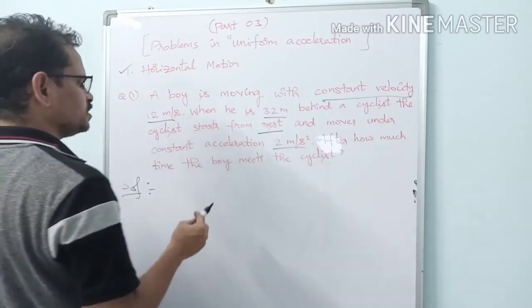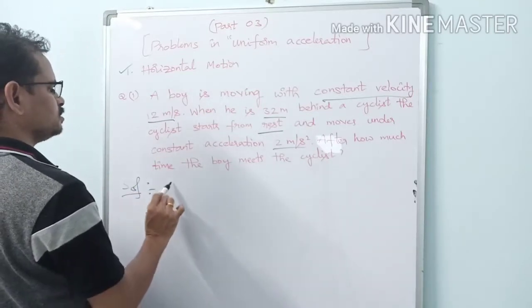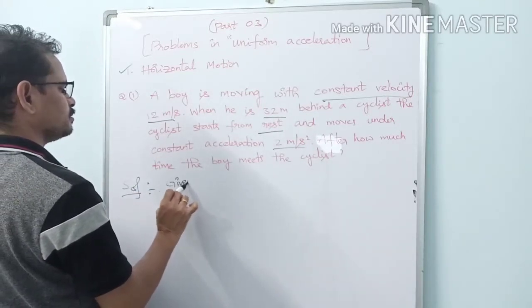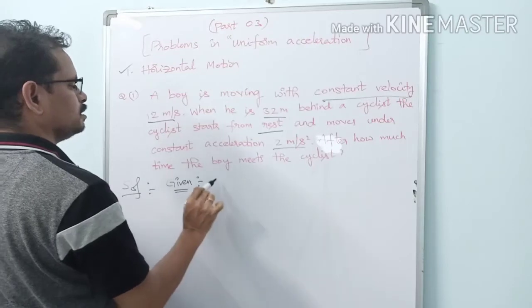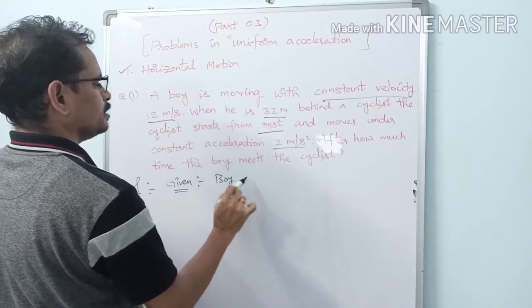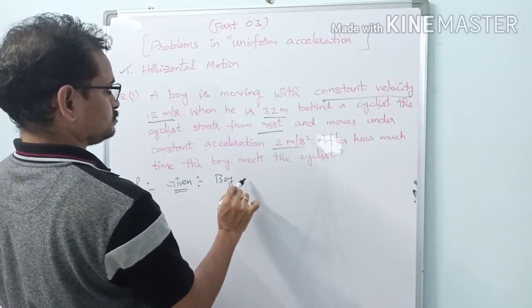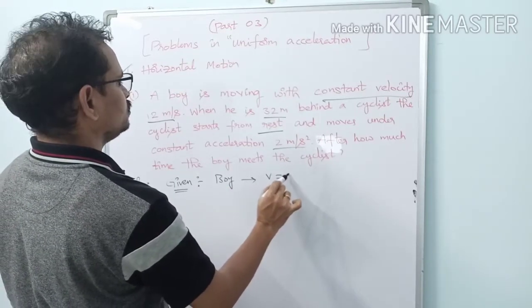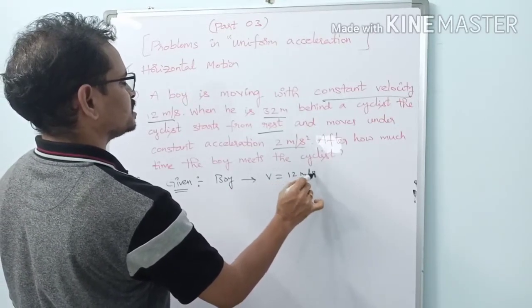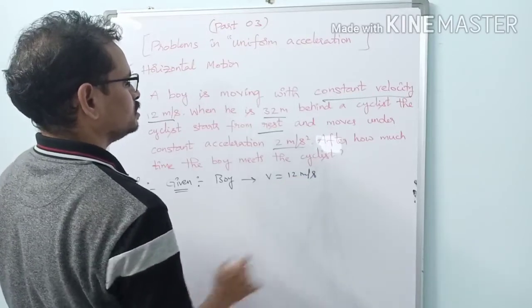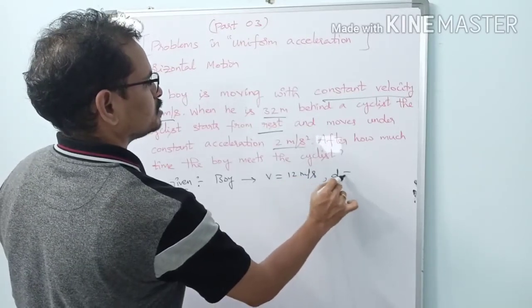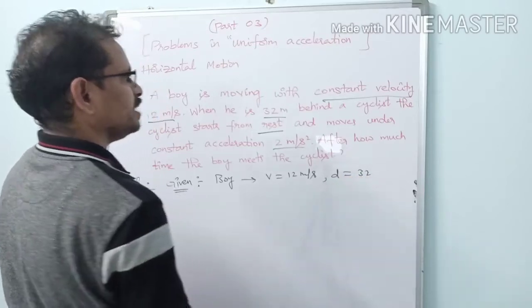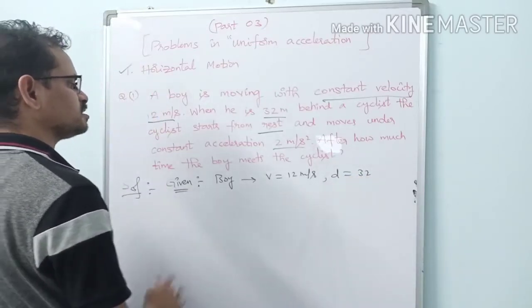Draw the diagram first. What are the given quantities? For the boy, V equal to 12 meters per second, constant velocity. Distance: he is 32 meters behind the cyclist when the cyclist starts.